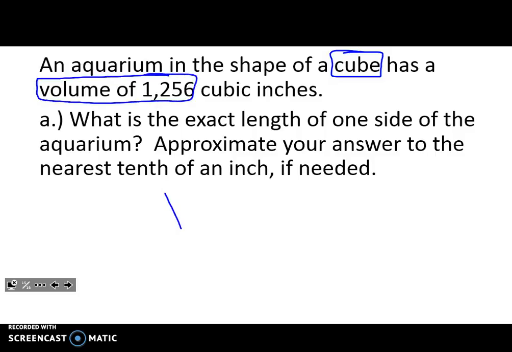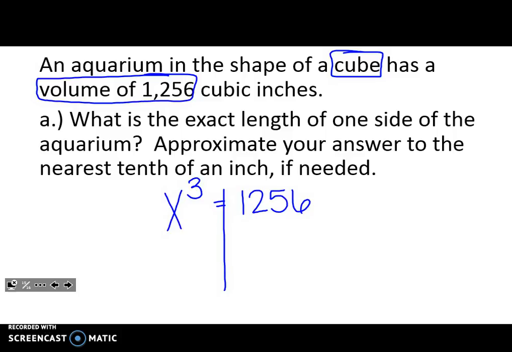So we know we're going to be working with an x cubed problem. So to find our side length, x is going to be our side length, x cubed equals our volume. And then we need to solve this equation to find out what one side of the aquarium would be measured.